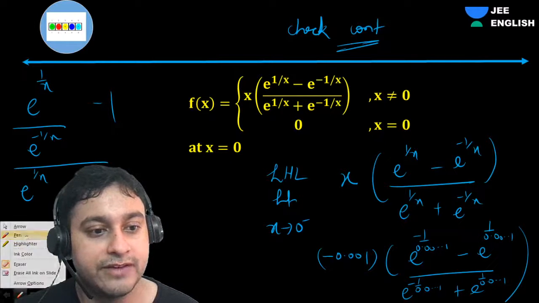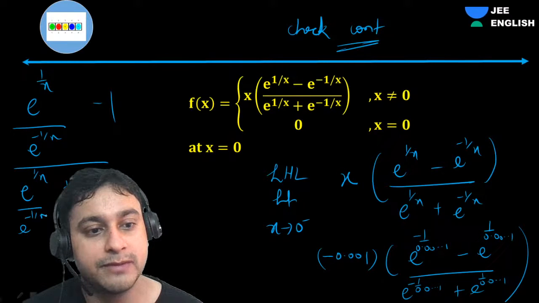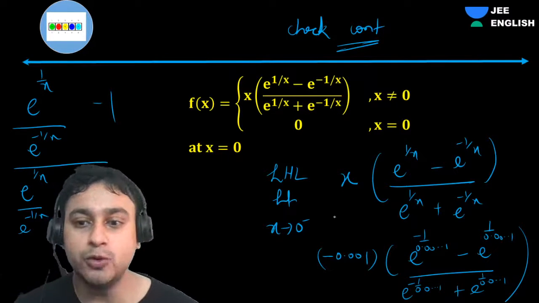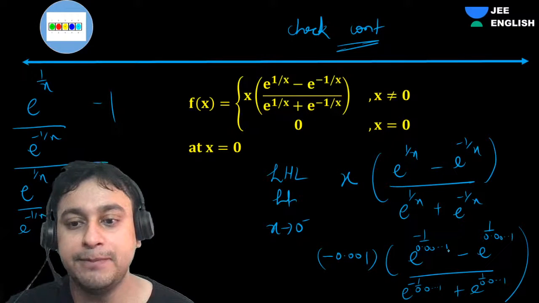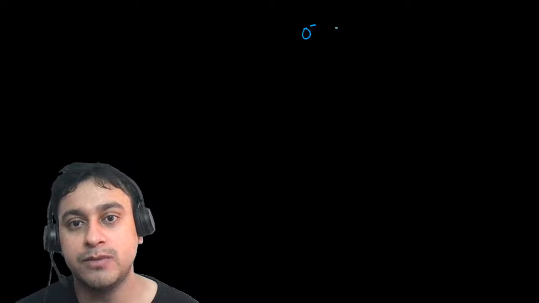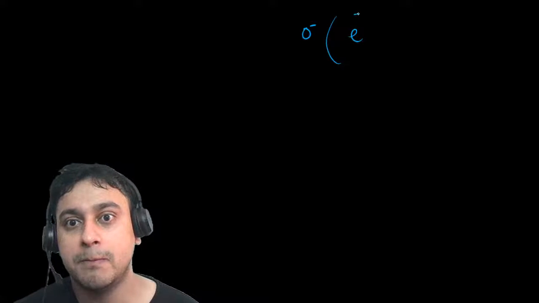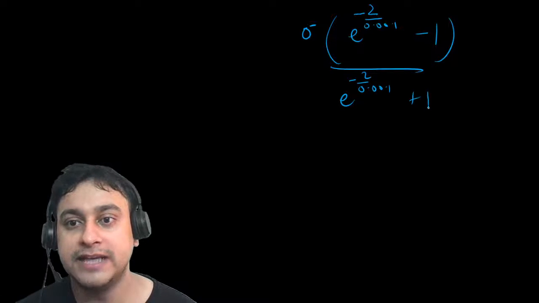Are you getting my point, everyone? I am dividing it. So here this will be e power minus 1 by x, so this will become 2 times, right? Isn't it, everyone? So if you divide by that, you will get 0 minus, then (e power minus 2 by 0.001 minus 1) upon (e power minus 2 by 0.001 plus 1).